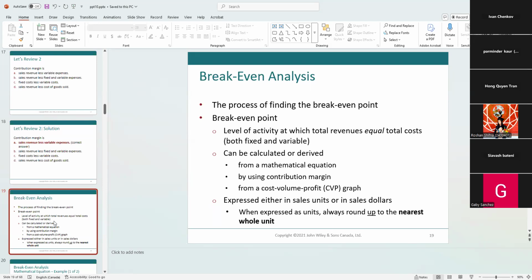So that's why when you're doing the calculation for units, you're rounding up to the nearest whole unit, not down. If it's 8.75, that means I need 9 units. So then I have to produce 9 units. Make sense?